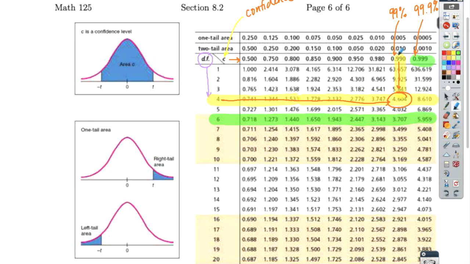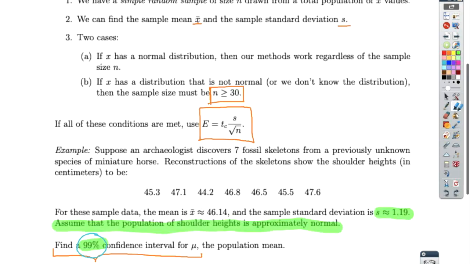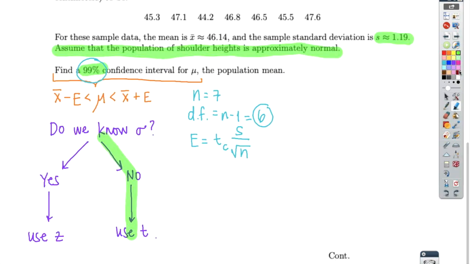So I'm in this column, and my critical value is 3.707. So t sub 0.99 equals 3.707. And I'm going to plug that in here for this critical value.